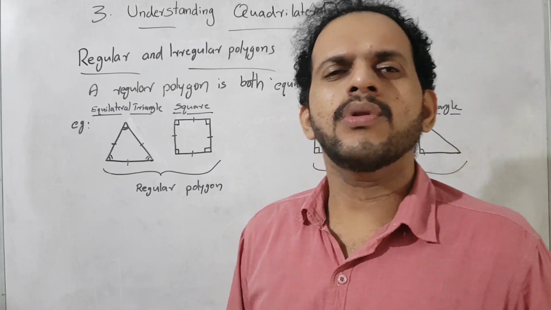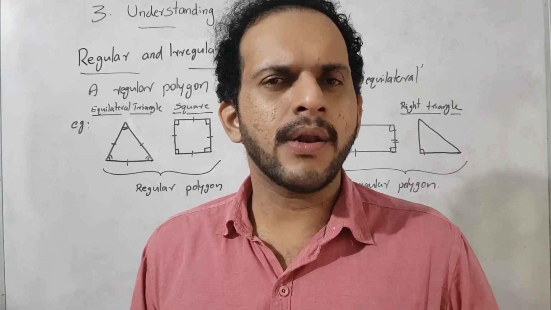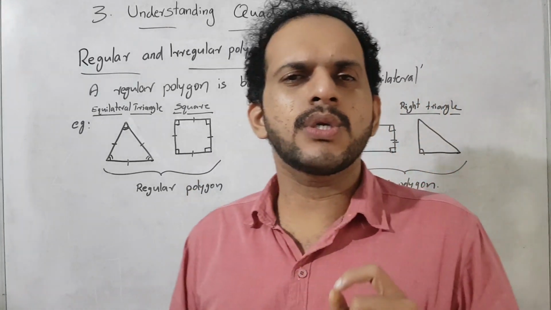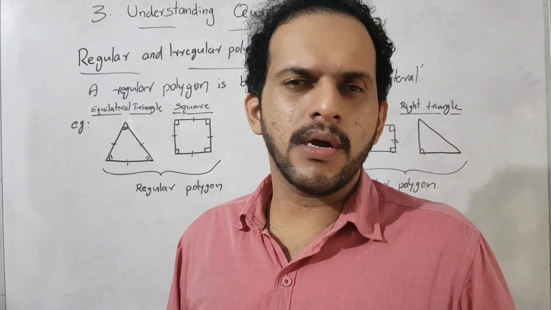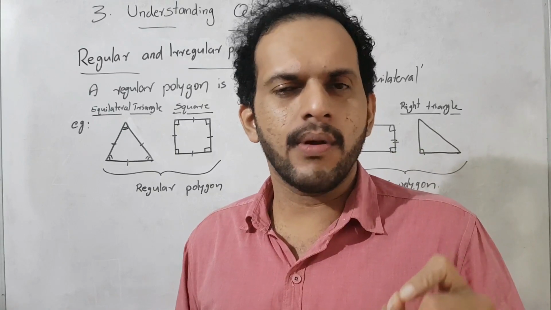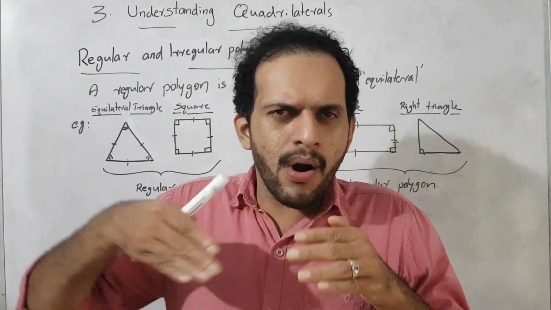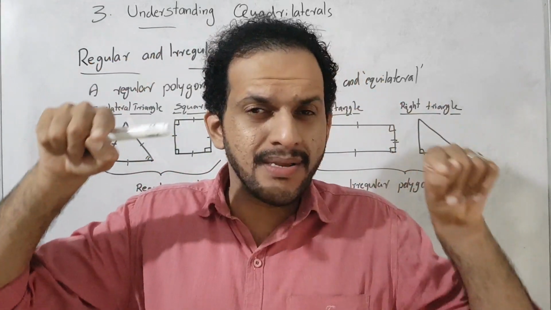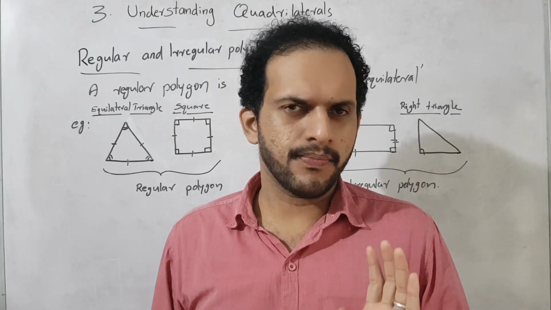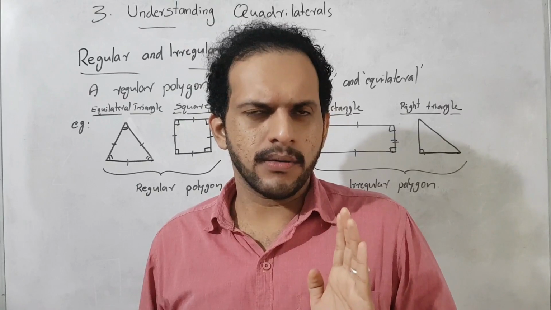And the square: in a square, all sides are equal and all angles are 90 degrees. So the square is also a regular polygon because it is equilateral and equiangular. A polygon in which all angles are equal and all sides are equal is called a regular polygon. I think you got this idea of what I mean by regular polygon.